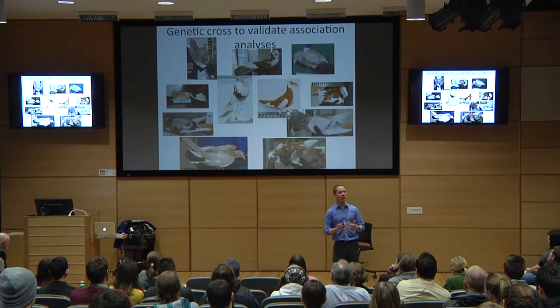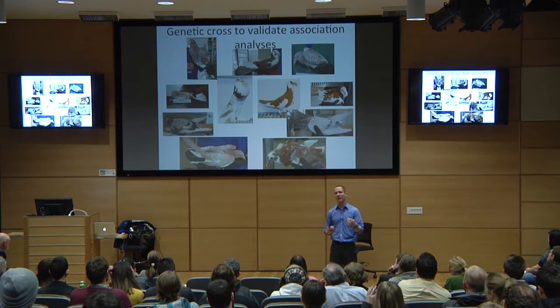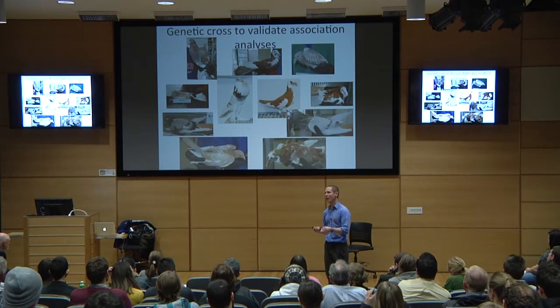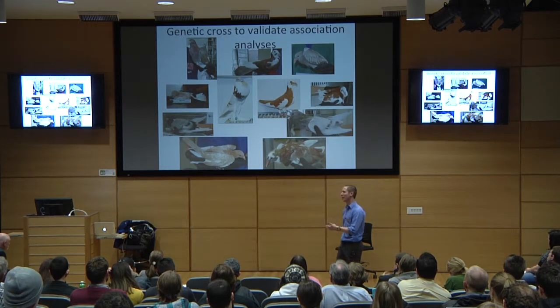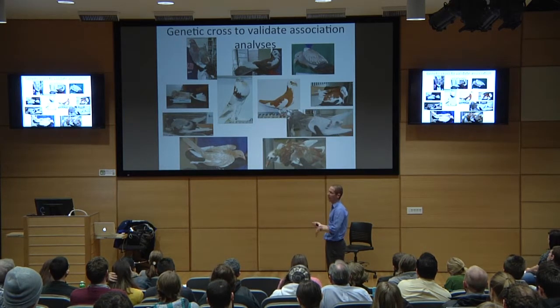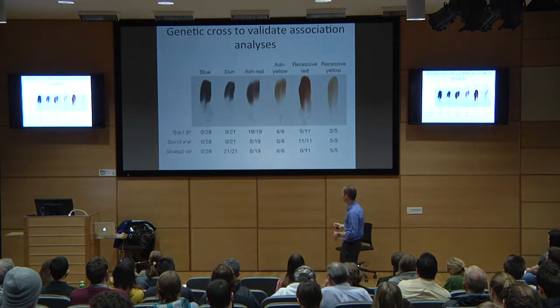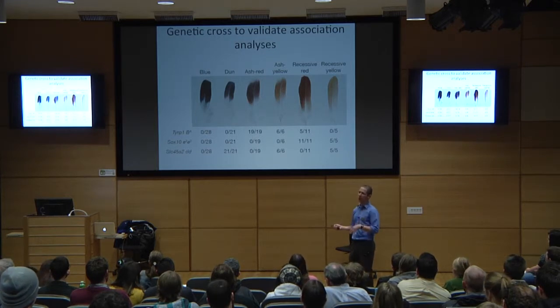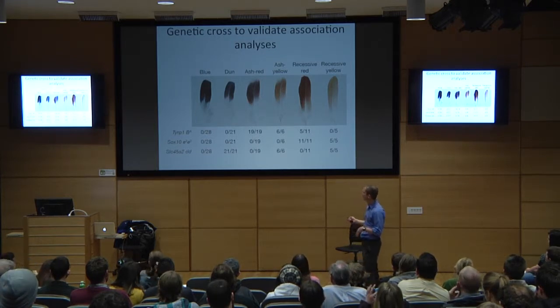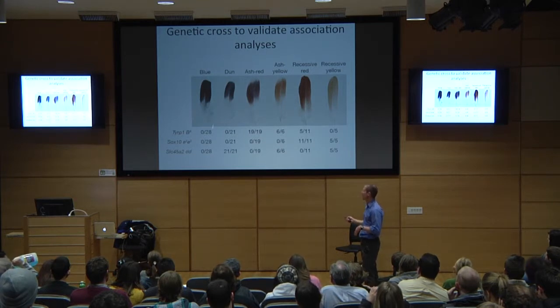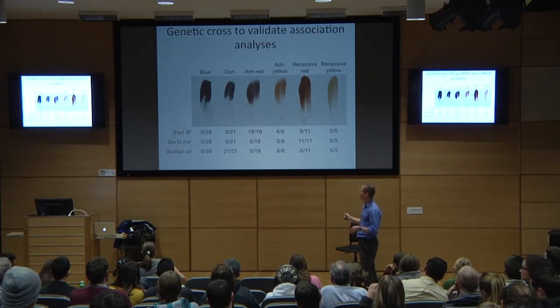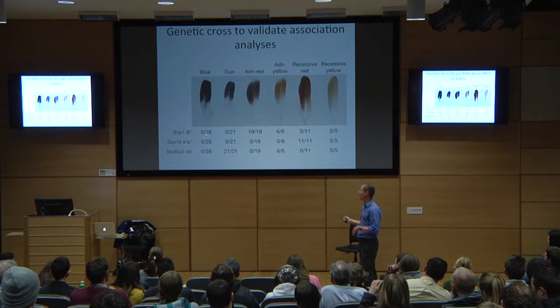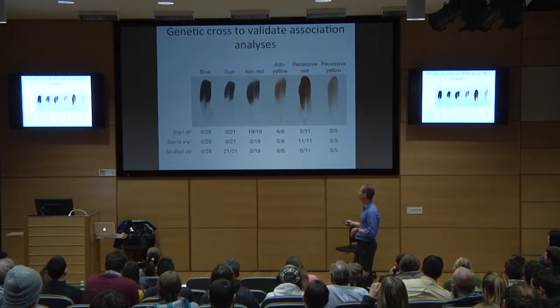And so what we can do is see whether the mutations we think are causing these traits are passed to the offspring that they should be based upon the offspring's phenotype. And so here are the different phenotypes we got from their offspring, and these are their genotypes down here. So we don't need to walk through every square, but the basic idea is that none of the wild type birds had a copy of our ash red mutation, or the recessive red mutation, or the dilute mutation.